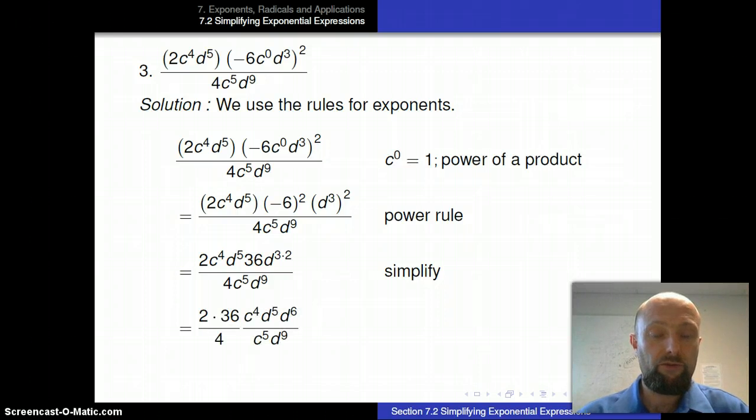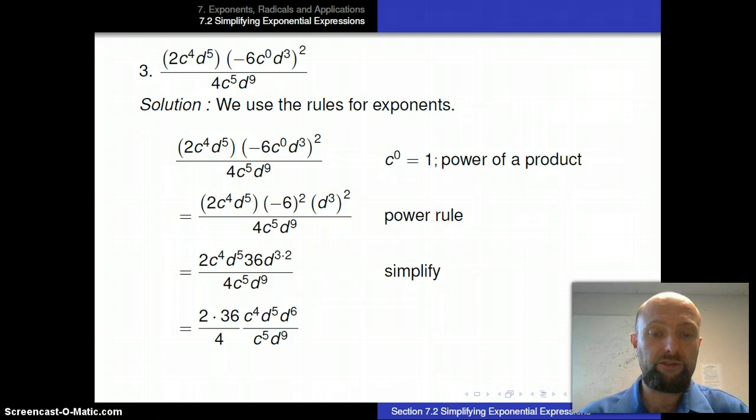We get all the numericals by themselves. 2 times 36 over 4 times c^4, d^5, d^6, over c^5, d^9. We can simplify 2 times 36 over 4. 36 over 4 becomes 9 over 1. So that numerical part will be 2 times 9 over 1, which is 18.